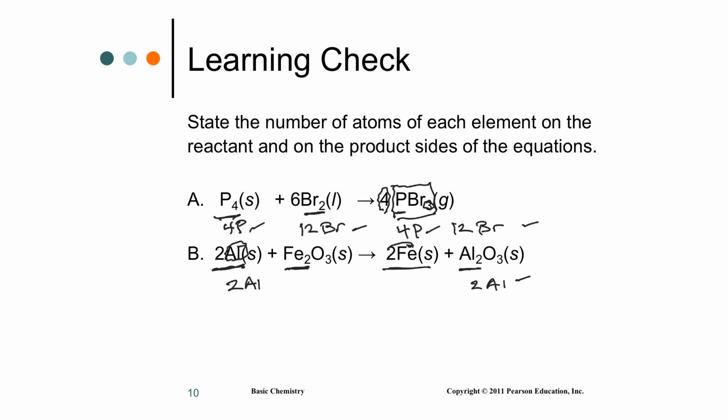I have 2 of the irons. So I have 2 irons on the left, and I have 2 irons on the right. My irons are balanced. What about my oxygen? I've got an O3 on this side, and I only have 1 molecule, so that means I have 3 oxygens on the left, and I also have 3 oxygens on the right. So that is a balanced equation.